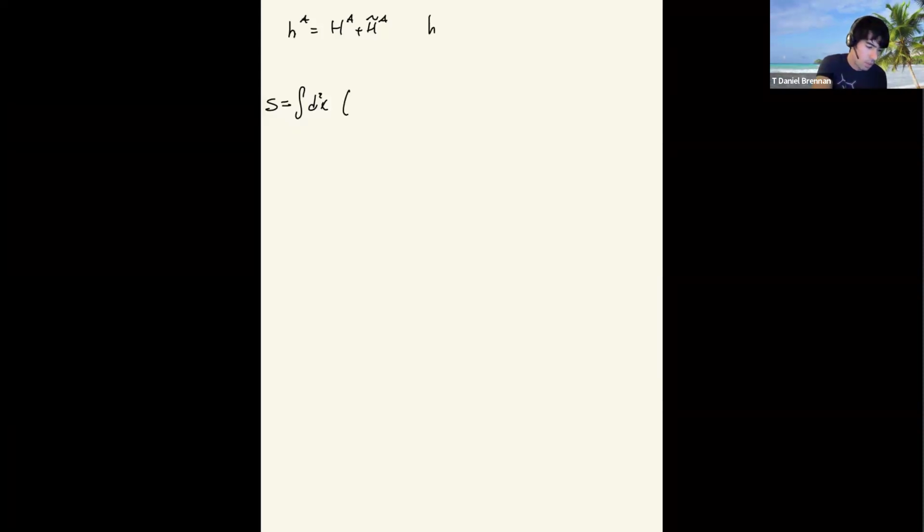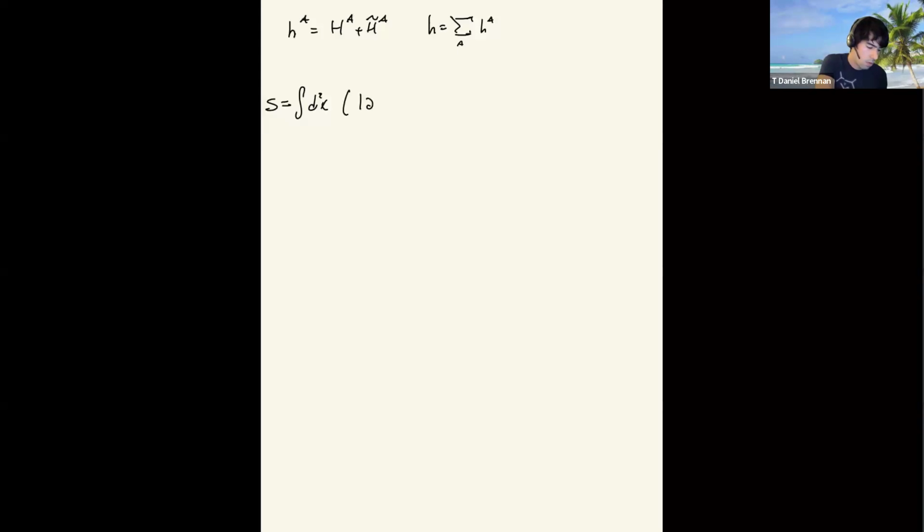And I'm also going to write lower h without any index as the total bosonic field. So the two-dimensional action for this scattering process is just given like this.